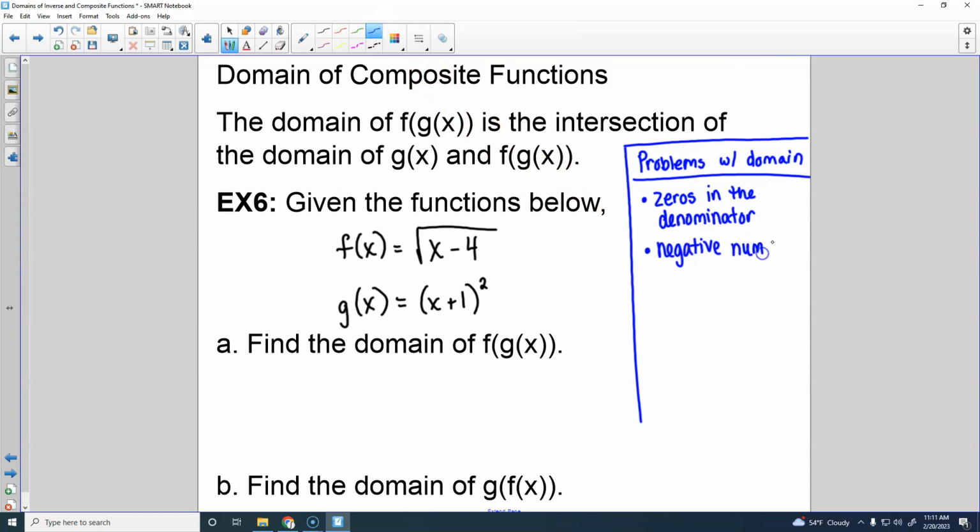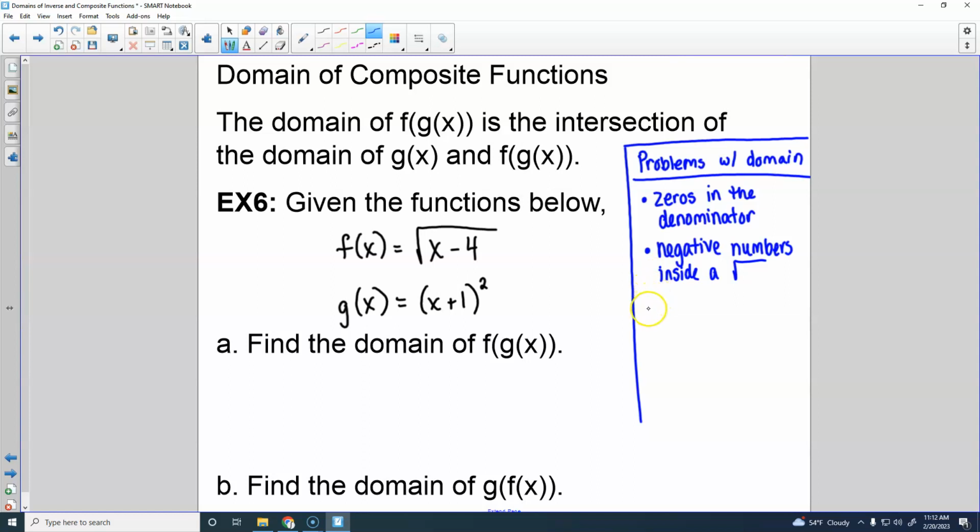numbers inside a square root or a 4th root or 6th root or 8th root, but basically you're just going to see square roots here.